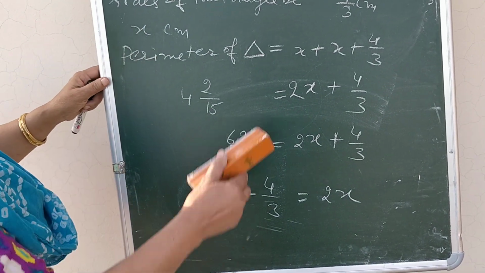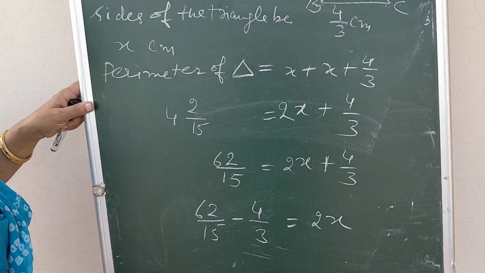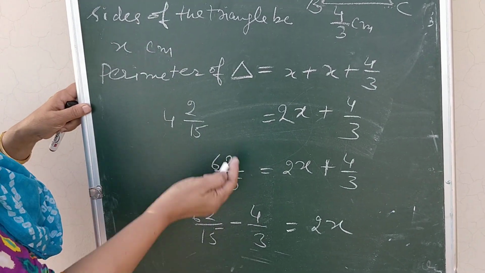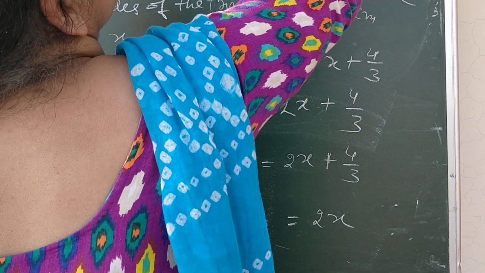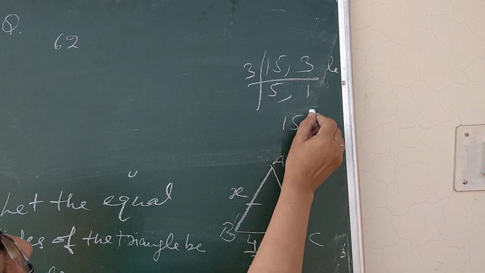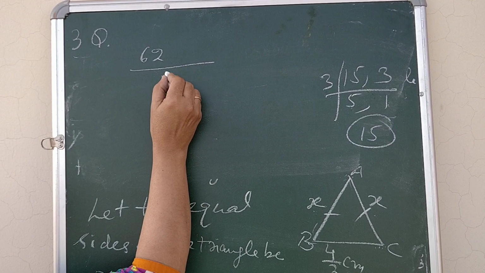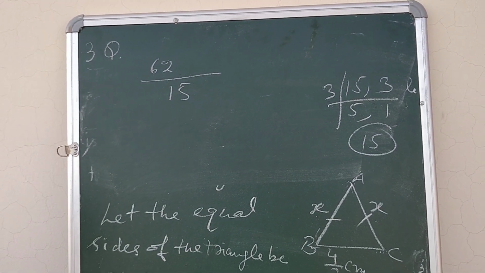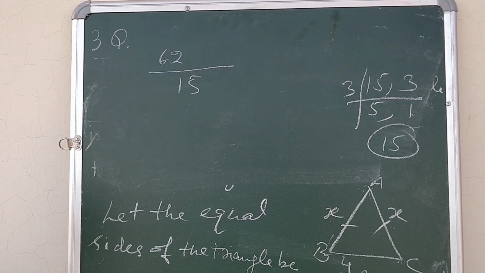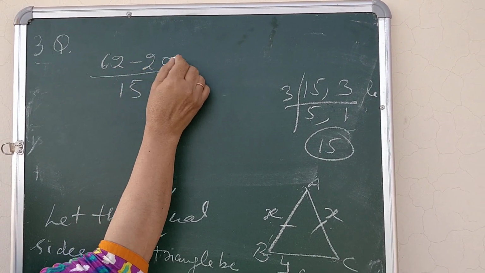Now find out the LCM of 15 and 3. 3 5s are 15, 15 1s are 15, so LCM is 15. 62, 15 1s are 15 and multiplying by 62, it will be 62. 15 divided by 3 is 5, and 5 4s are 20.